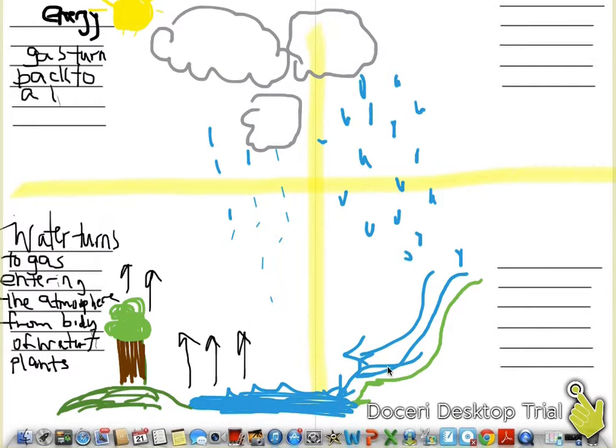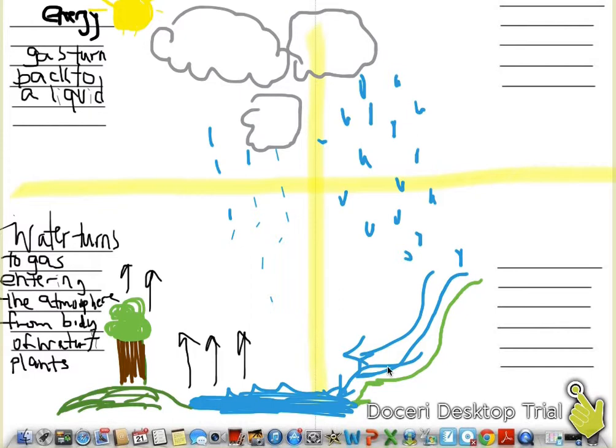This is very small what I'm writing on, so I have to make it work. It's correct.